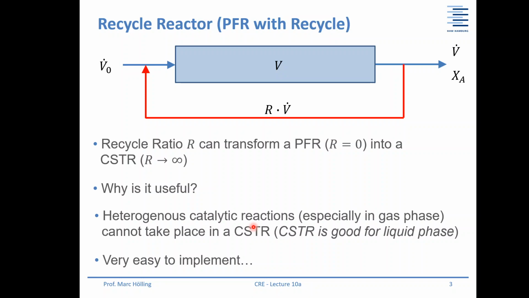And if you think of a reaction in the gas phase, then mixing is not that easy either. You can't just put a stirrer in there, or at least it's not common. So normally the CSTR is very good for the liquid phase, but if you go for heterogeneous catalytic reactions in the gas phase, you will almost only find plug flow reactors.